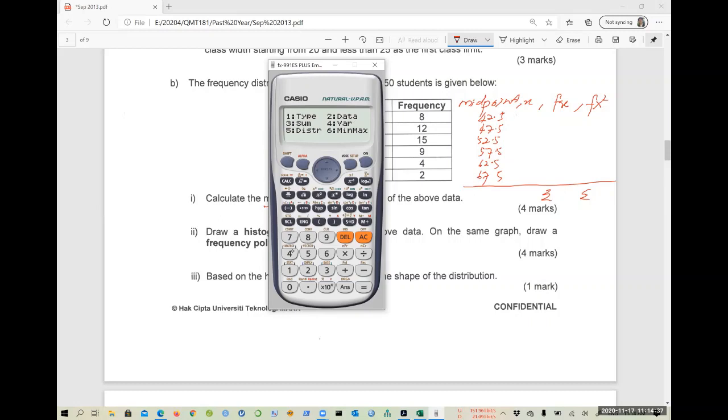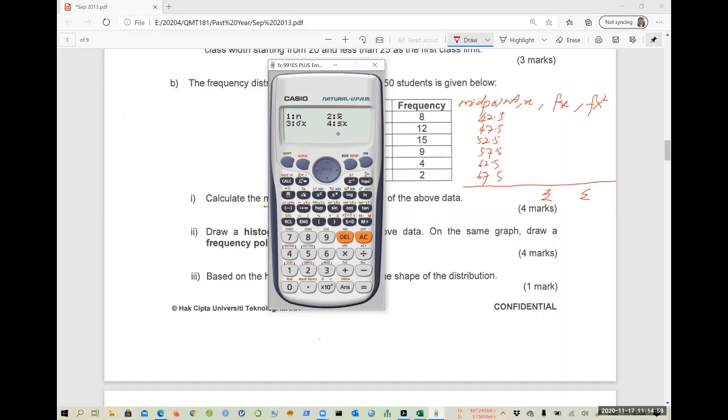So you choose number 4. They give you the options. n is the number of data in your data set, and then you have x bar, the mean. You have sigma x, which is for the population standard deviation, and number 4, sx, is for the sample standard deviation. So in our case, we are looking at the sample, right?